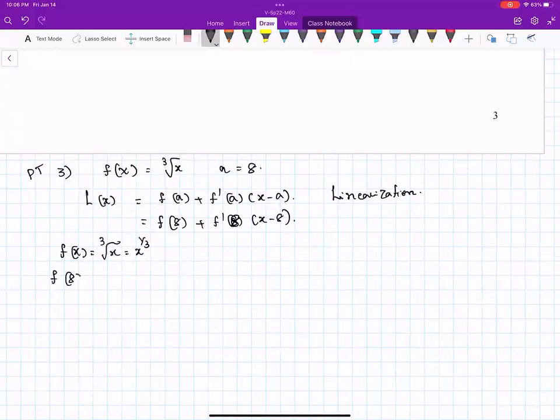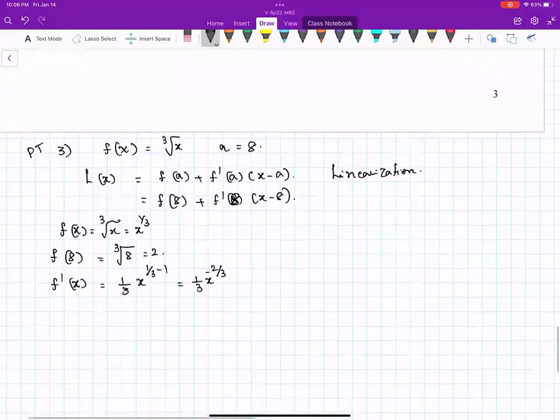What is f of 8? Cube root of 8, which is equal to 2. What is f prime x? Which is 1/3 x to the power 1/3 minus 1. So it's 1/3 x to the power negative 2/3.